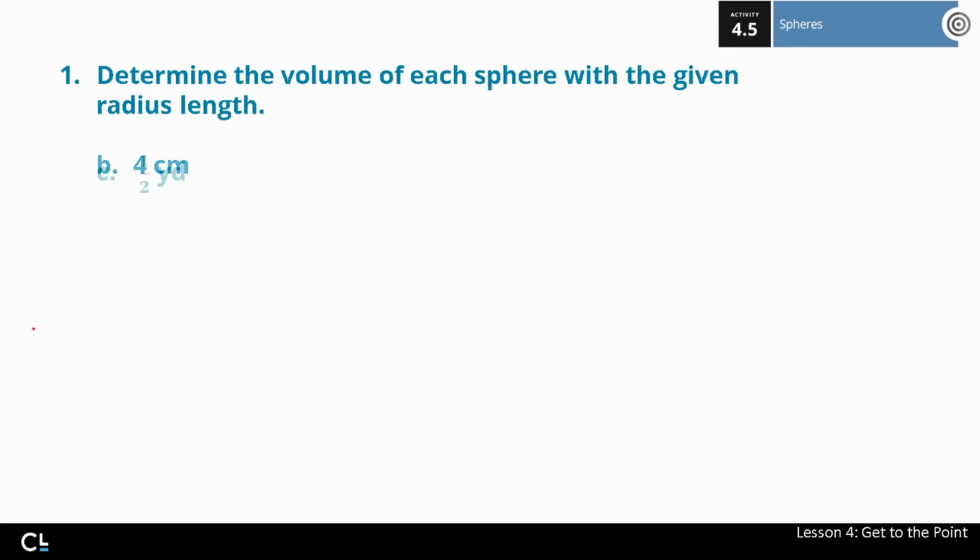Awesome. Next up, a half a yard is our last one. Radius. So once again, volume equals 4/3, 3.14. And then my radius is going to be 1/2. And we want to cube that.